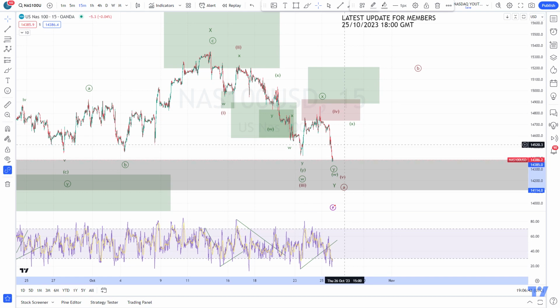What also makes me a bit suspicious is that the other indices are not really reacting for now. They are not doing the same move as the NASDAQ does, while they have a similar setup. For the Dow Jones, it would actually be kind of easy or even very obvious to also make the fifth wave down. We are quite close, but it does not happen.